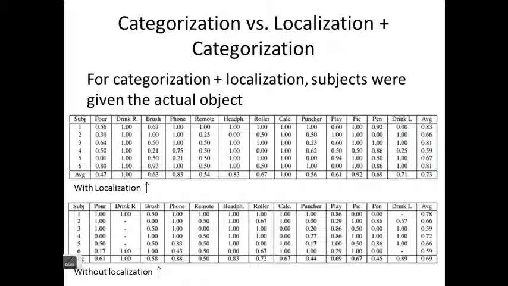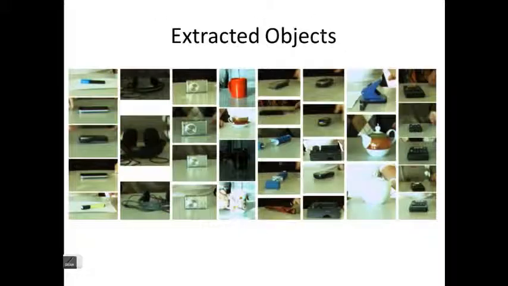Overall, on average, using localization only improves the performance by about 4%, and there are instances where not having the object even leads to better performance. So, the point that the authors are trying to drive home here is that functionality or human motion associated with a given object is really a good cue for object categorization.